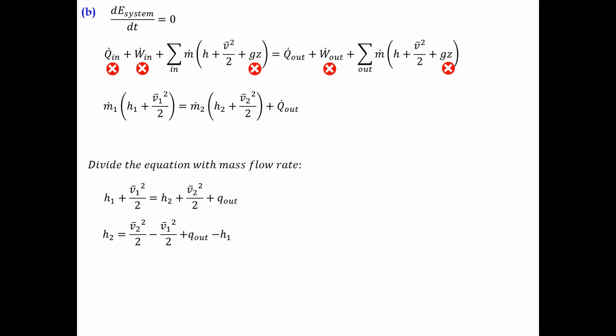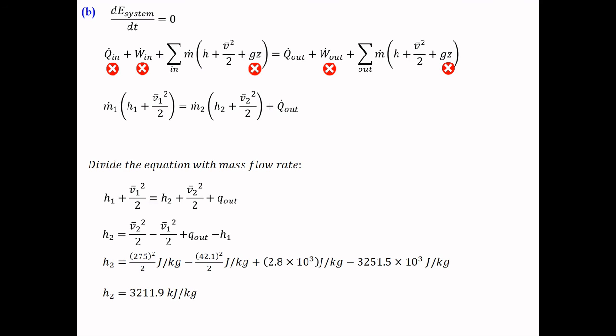So rearrange the equation and substitute all the values that we have for V2 bar, V1 bar, Q out, and also h1, which we already determined before. Make sure that all the terms in the equation for h2 use joule per kilogram unit, because we want consistency in terms of unit in our calculation. So at the end, we will have h2 equal to 3211.9 kJ per kg.